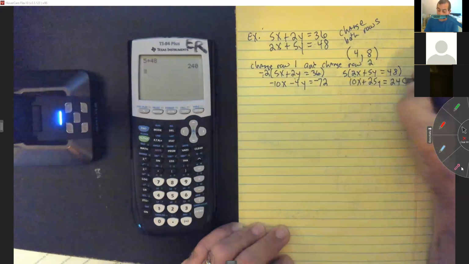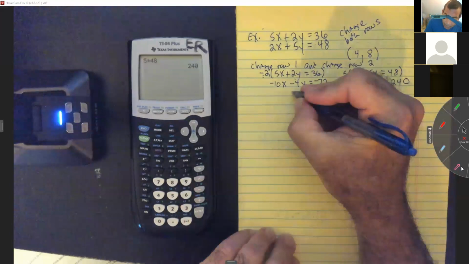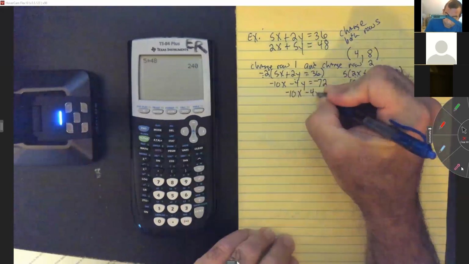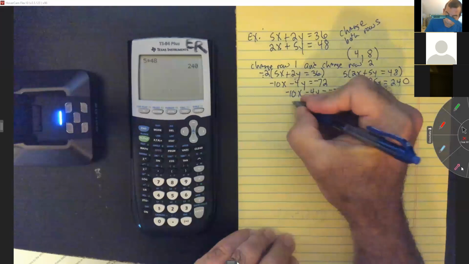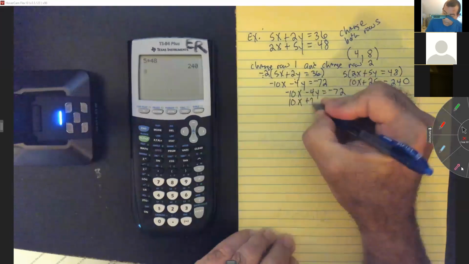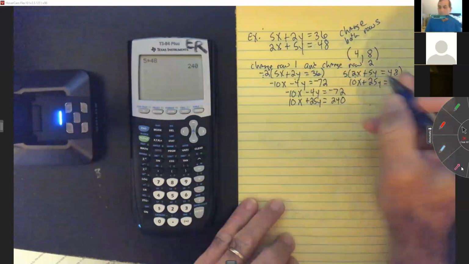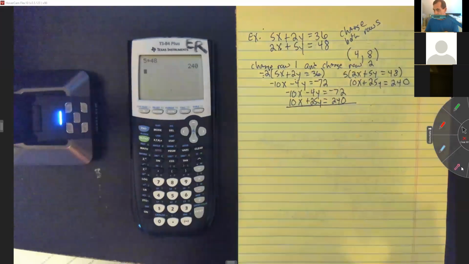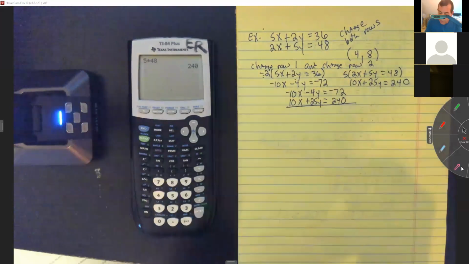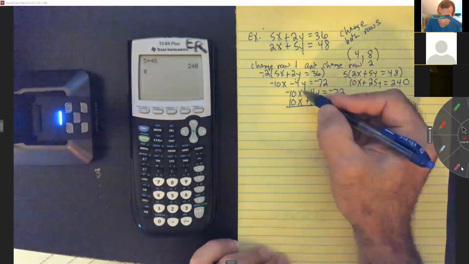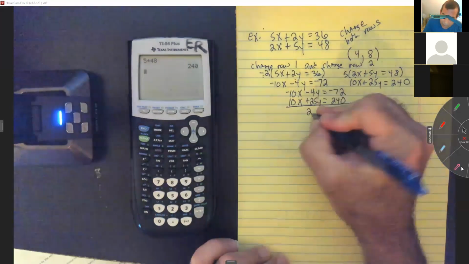All right, so these are my two rows. I'm going to add them together now. And this is really the worst I can do to you on one of these problems, is make it where you got to replace both of them rows. All right, y'all, here we go. The x's cancel. 25 and -4 give me 21y.